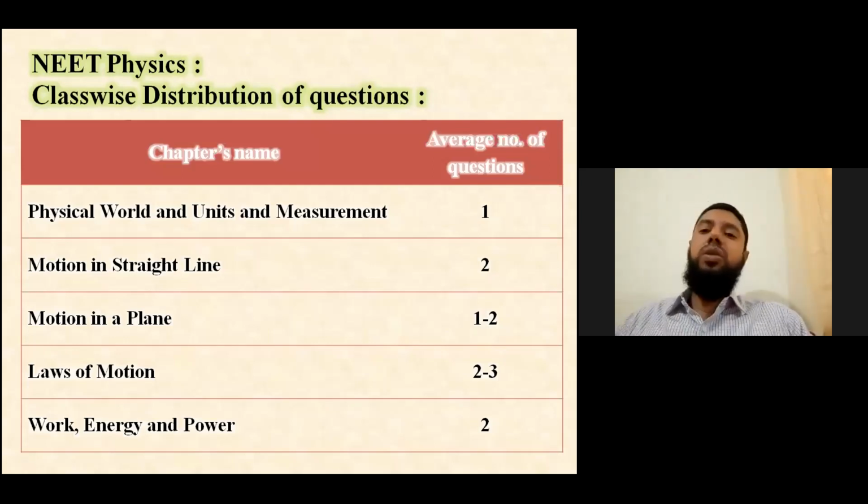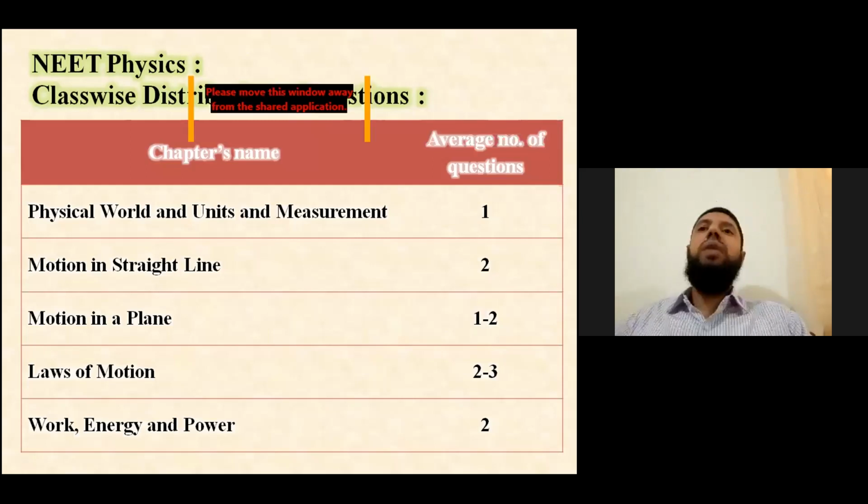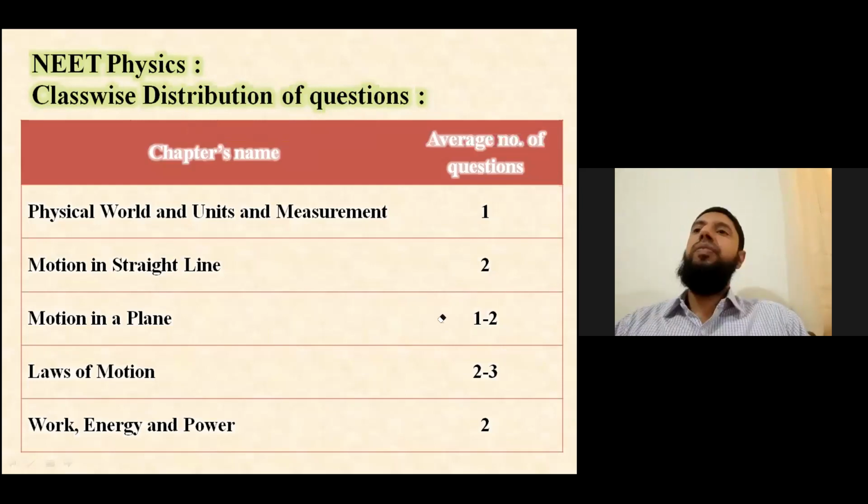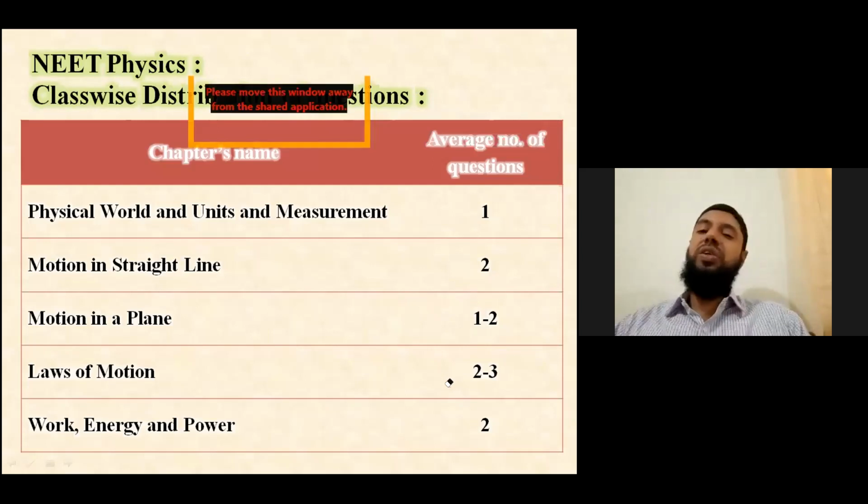In many cases we observe 2 questions. On motion in a plane, it depends on the question paper setter. He may set 1 question or 2 questions. Totally from this part, motion in a straight line and motion in a plane, we can have 3 or 4 questions. Then in laws of motion and work, energy, power, which is another major part, we can have wonderful questions.